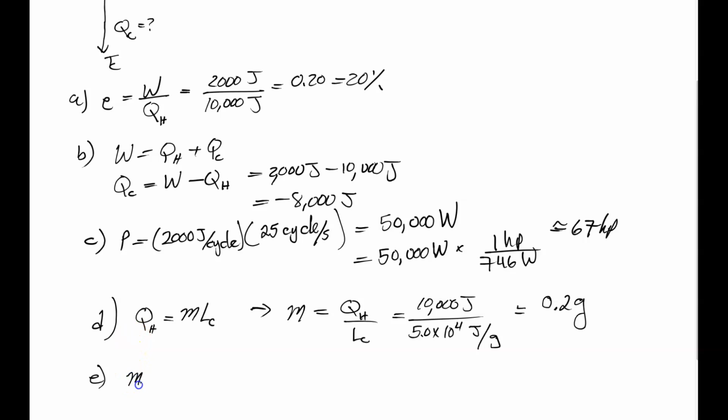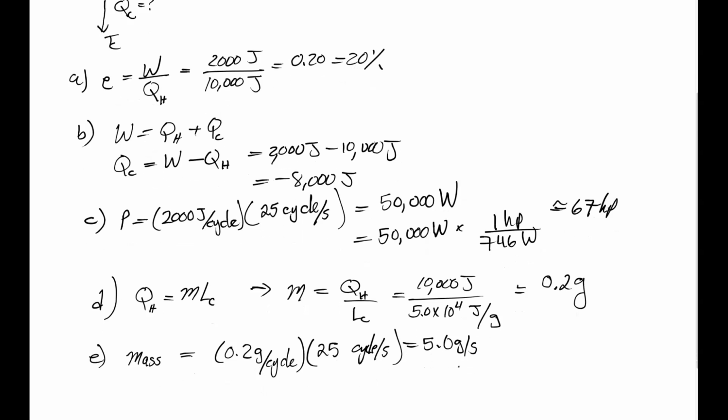So the mass equals 0.2 grams per cycle times 25 cycles per second, which gives us 5 grams per second.